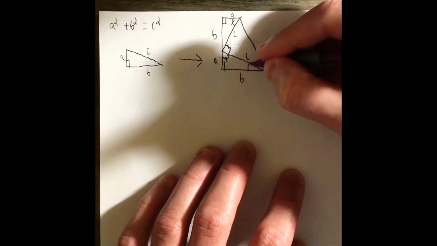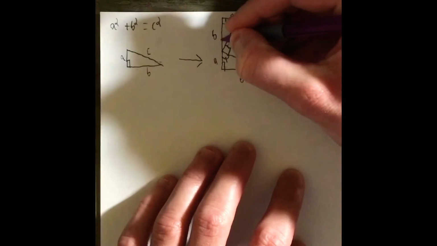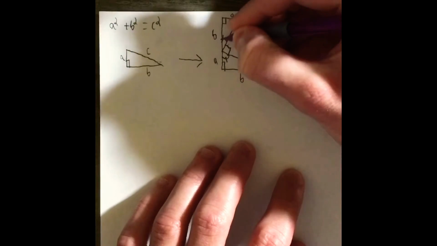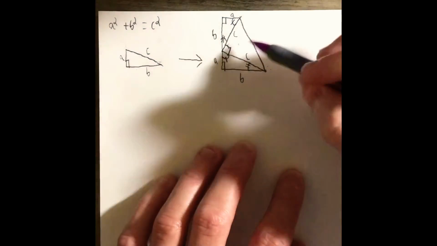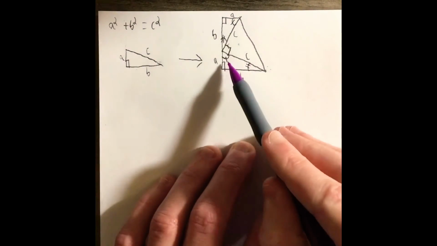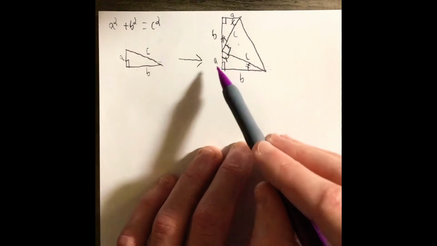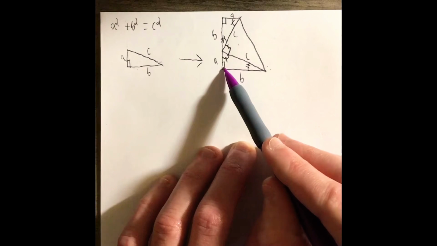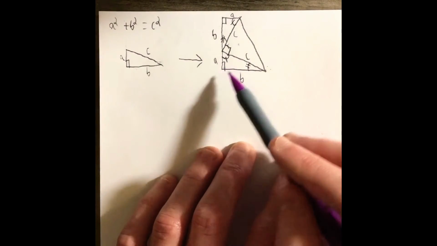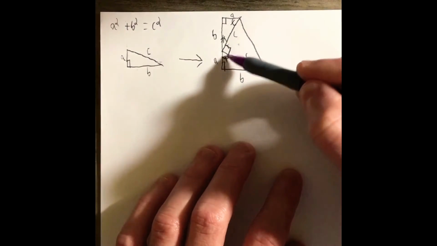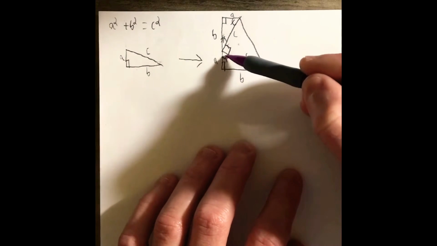And this angle right here is equal to this angle right here. And so we know that this angle and this angle add up to 90 degrees because you already have 90 degrees accounted for by this right angle right here. Therefore, these two angles must add up to be 90 degrees.